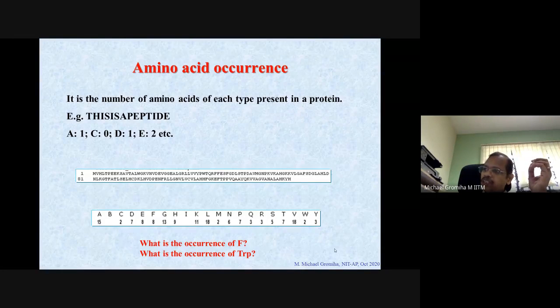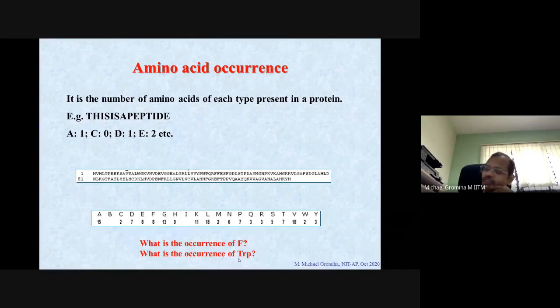So what is the occurrence of F from this sequence? 8. What is the occurrence of tryptophan? 2, right? So how did you get 7? Because for tryptophan you need to know the single letter code.